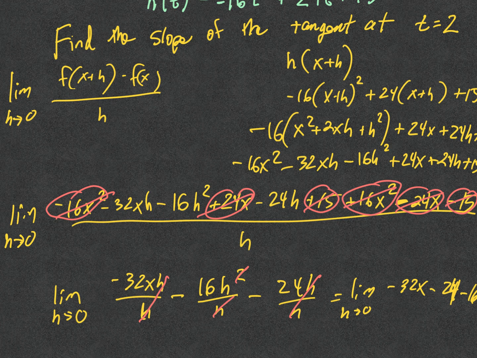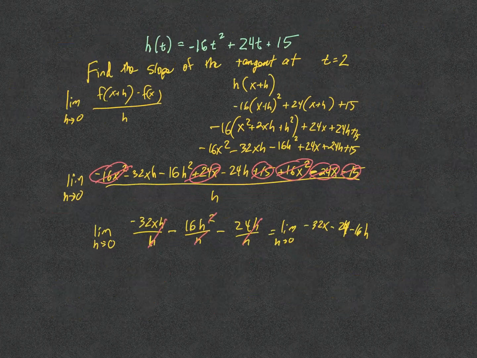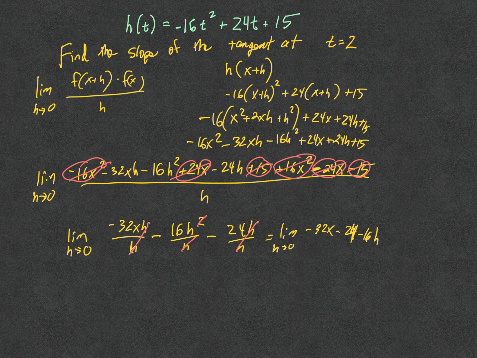Is there a reason why I flip-flop those two? Yes, because as h approaches 0, 16 times 0 is 0, leaving me only with, actually, I don't even have to have the limit anymore. That leaves me with negative 32, technically t, because it was x's, but we just converted, plus 24. Minus should be plus.